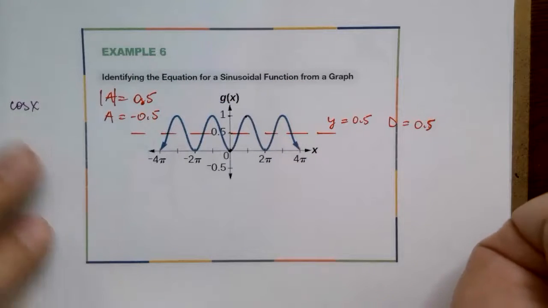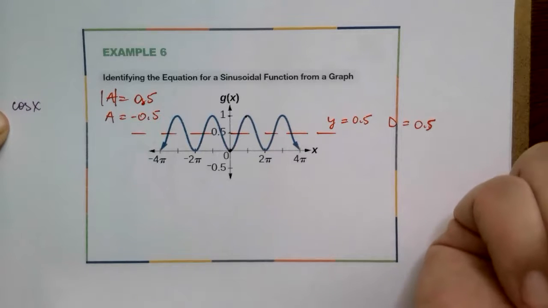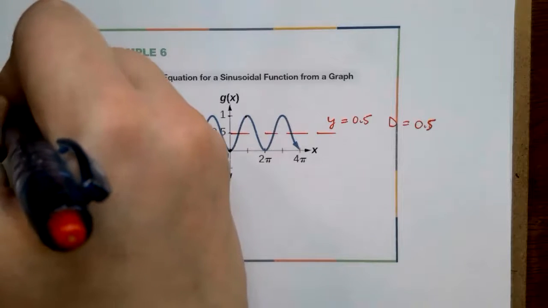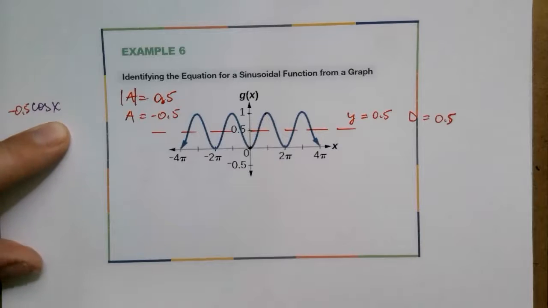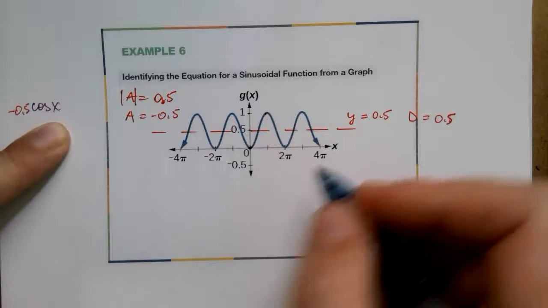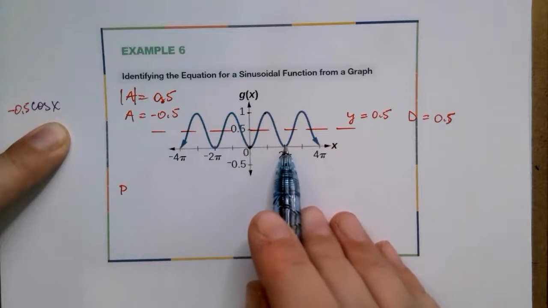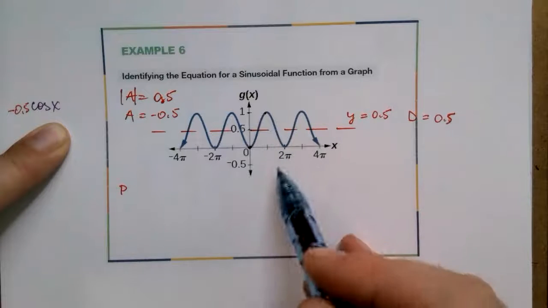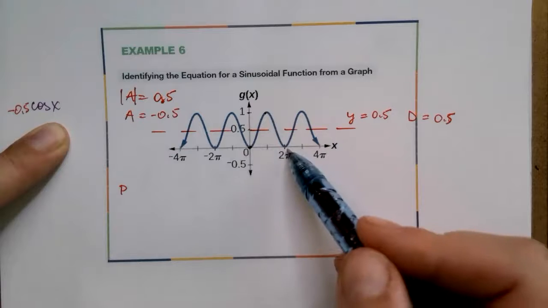All right, so we start layering things here. Negative 0.5, that's our coefficient a. Okay, what about the period? The period here is the distance from the lowest to the lowest, or the distance from highest to the highest points, or one full cycle, which is going to be 2 pi.